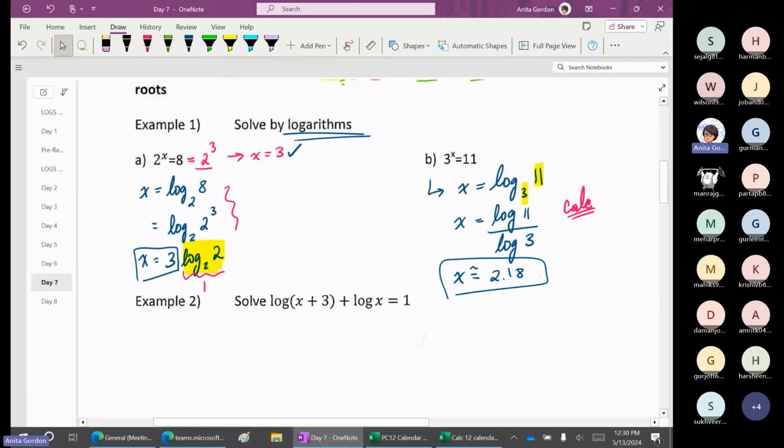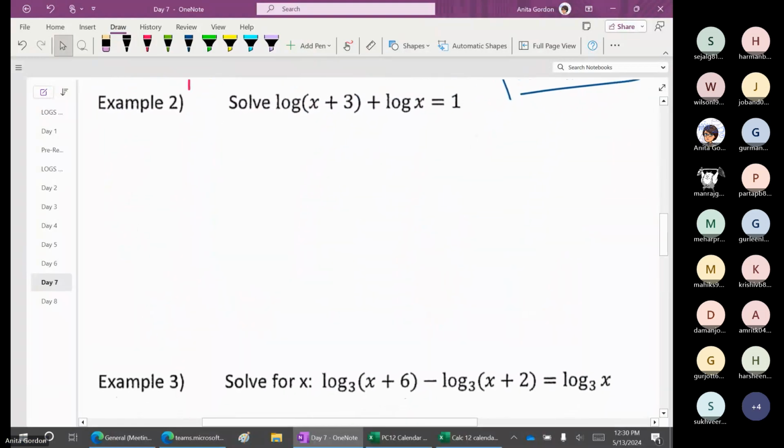Okay, let's take a look at example 2. There's a log of something plus a log of something equals 1. Before I go to solve this, I want to simplify as much as possible. What rule can I use here?